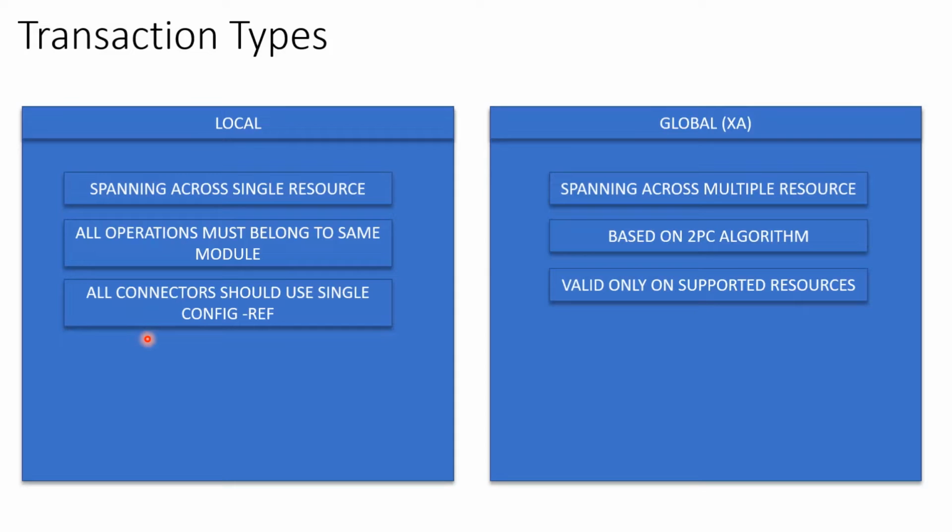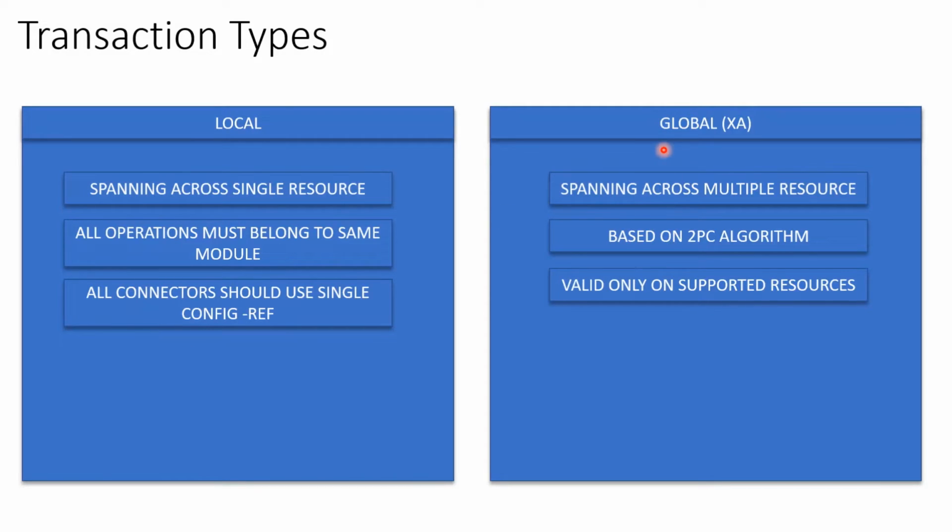And if it is a database module, it should have only database module operations. All connectors should use a single config ref. So the global configuration that we used for our database insert and update should be the same. The same thing should be referenced. There should be no two different config references. If there are, then they fall under the global transaction.